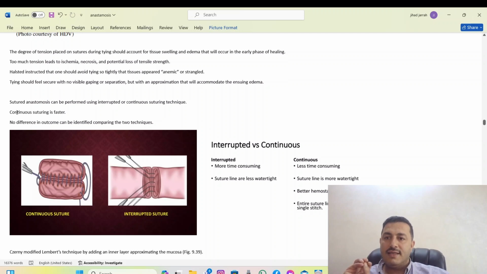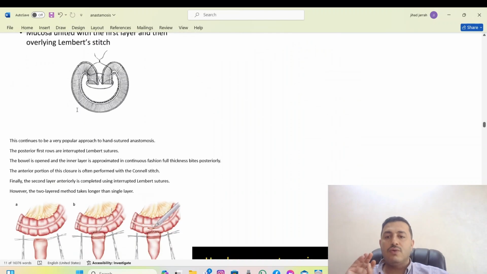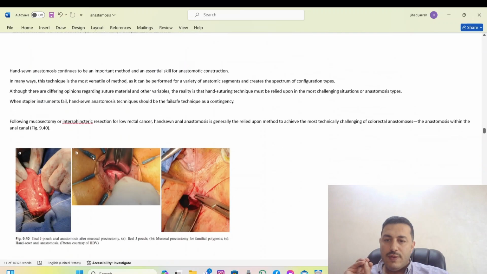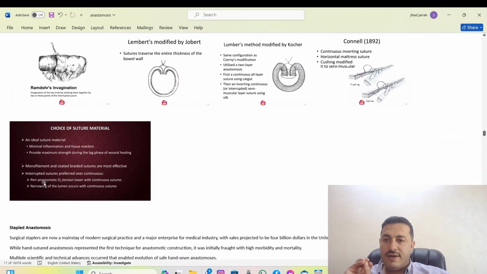You can see that suture anastomosis can be performed using interrupted or continuous. Continuous, yes, is faster, but there is no difference in the outcome when we compare each technique to the other. One slide over here recommends interrupted.